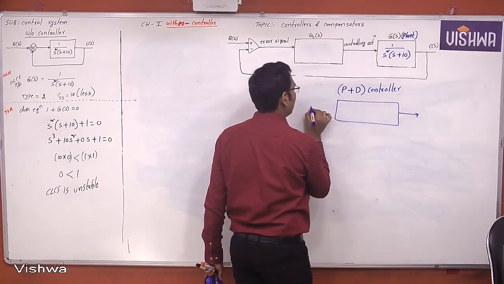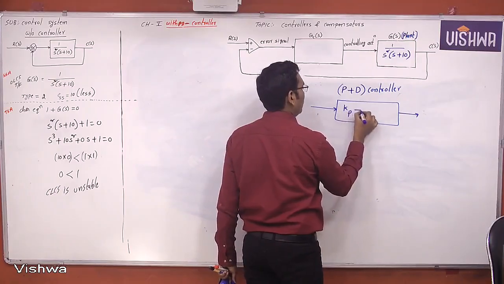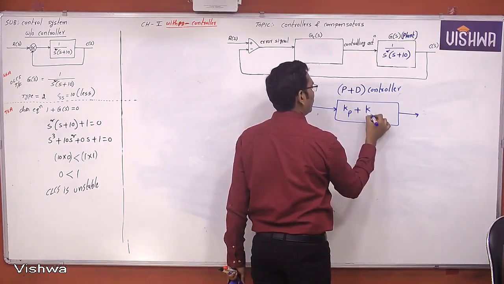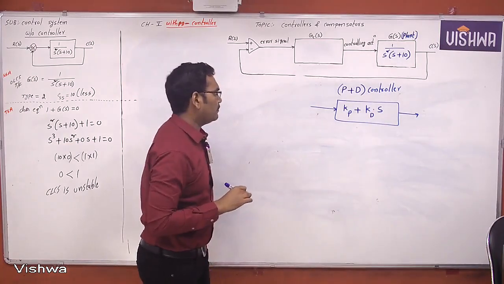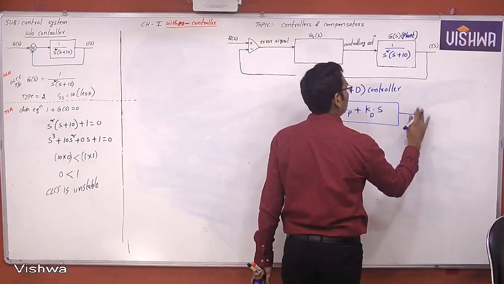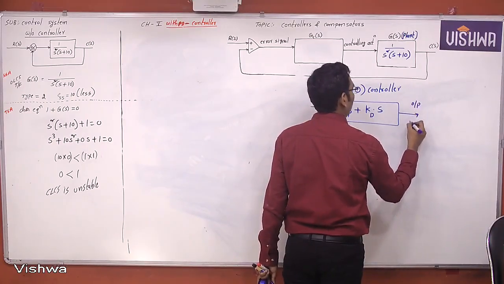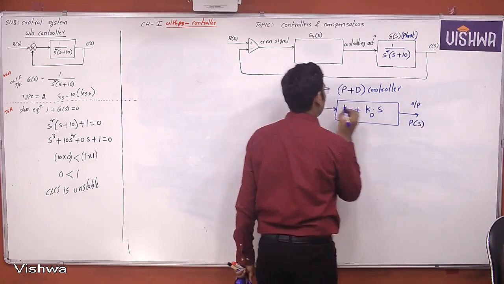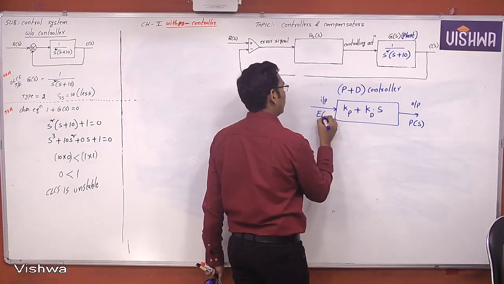Because you know each and everything, you can just add. Proportional controller will produce a gain of Kp plus derivative controller will produce a gain of Kd and a zero at origin. So this is the output P of S. This is input E of S.